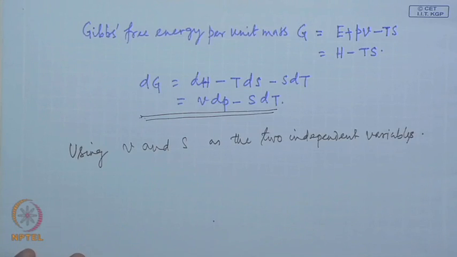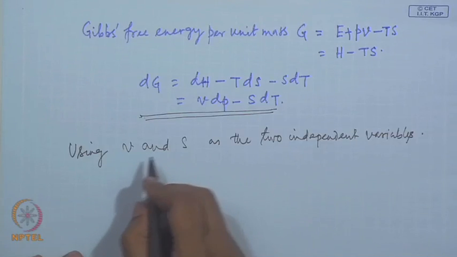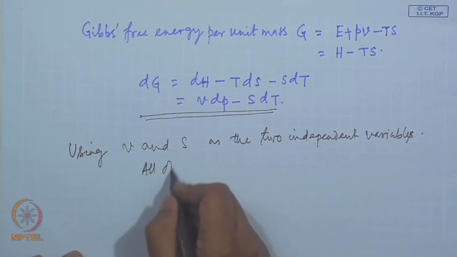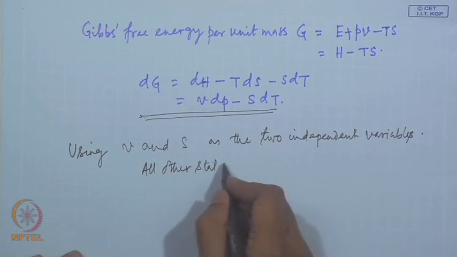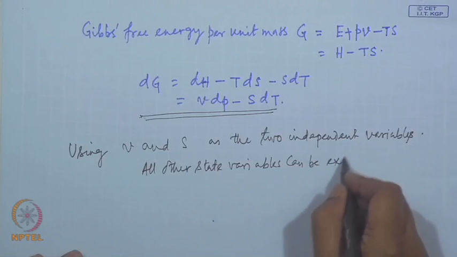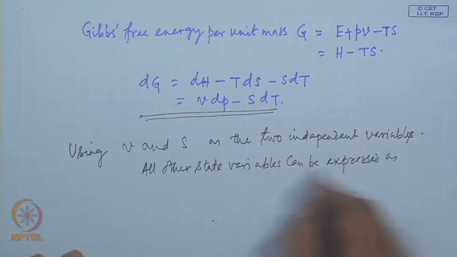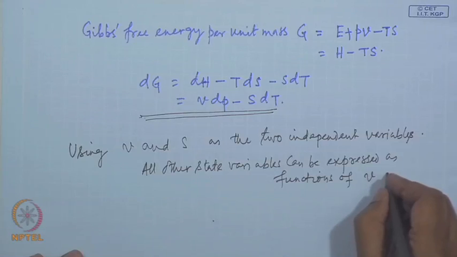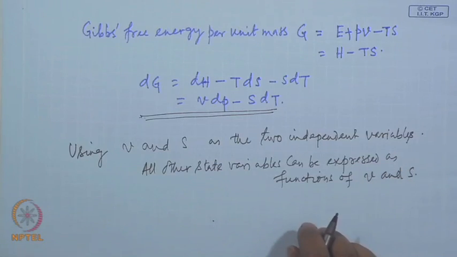But now let us take V and S as the two independent variables, and hence all other state variables can be expressed as functions of V and S.